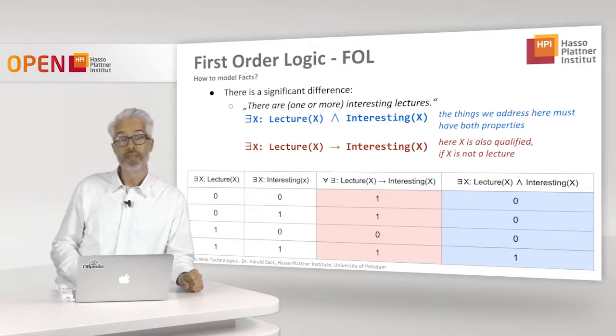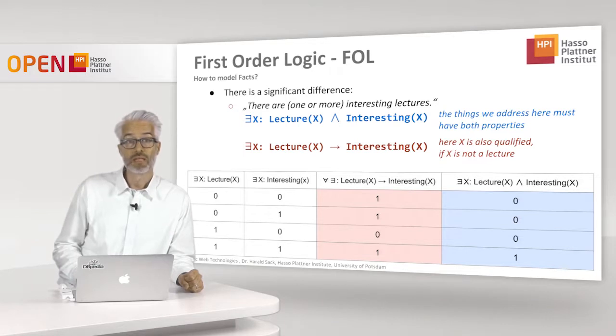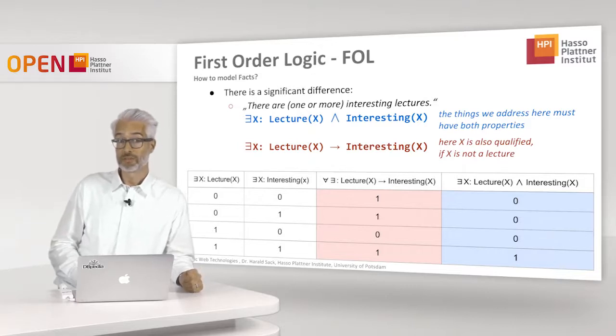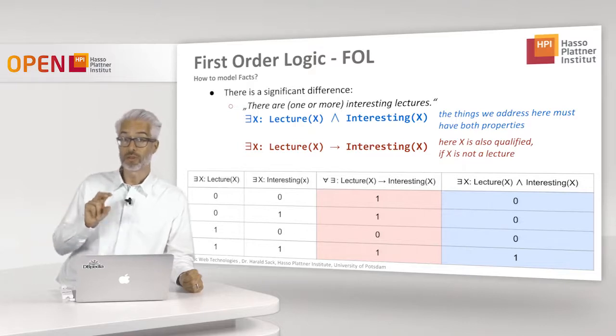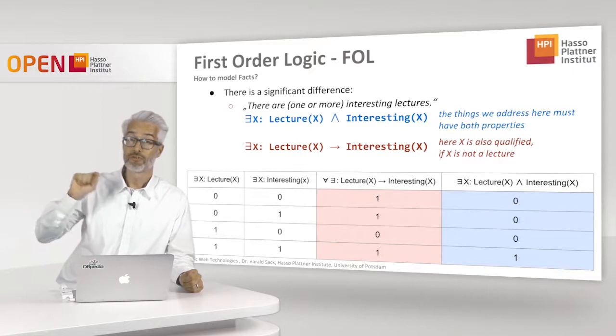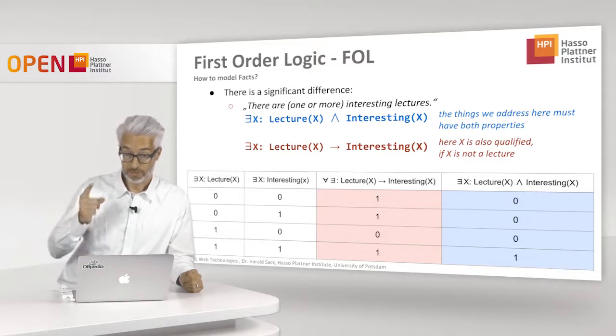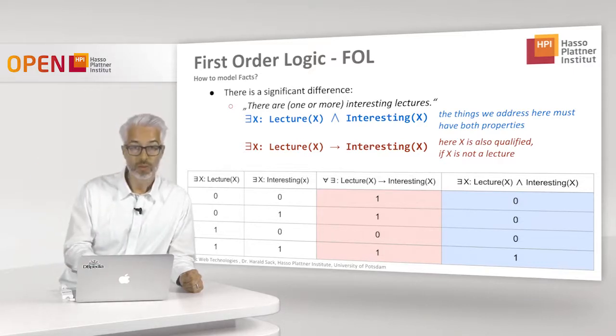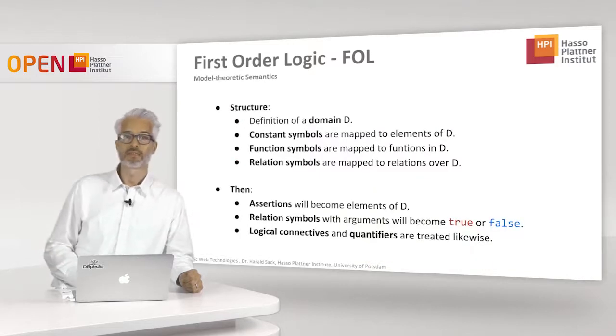You see this because of the truth table. And this is not what we had in mind if we want to say there are one or more interesting lectures. So you see, you have to take care when you use quantifiers in the translation of natural language to first order logic and vice versa. So keep this in mind. We will do this again, of course, in the exercises.